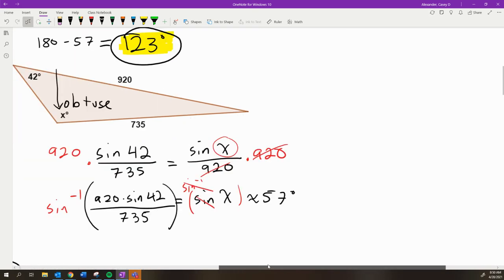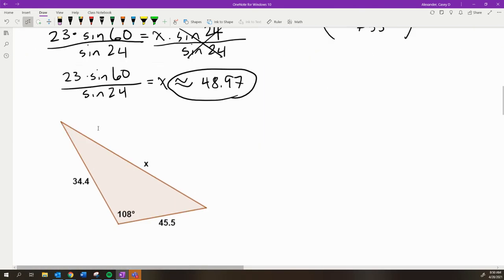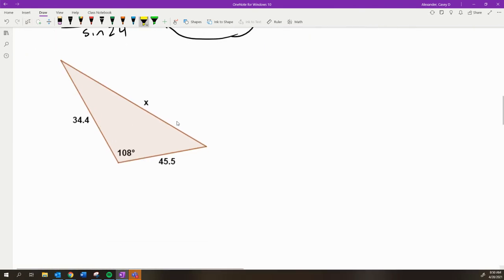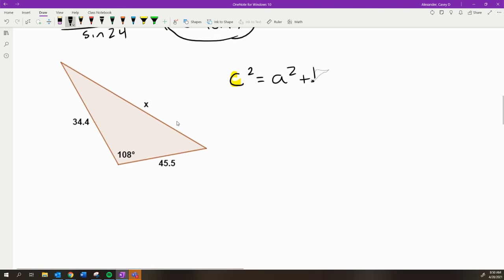The last problem on this page is, I guess I have it over here, the law of cosines, which, remember, this is extra credit. The law of cosines says that c squared is equal to a squared plus b squared minus 2 times a times b times the cosine of c, where side c and angle c are opposite each other. So when we start plugging things in, remember, the unknown usually goes in place of c squared.